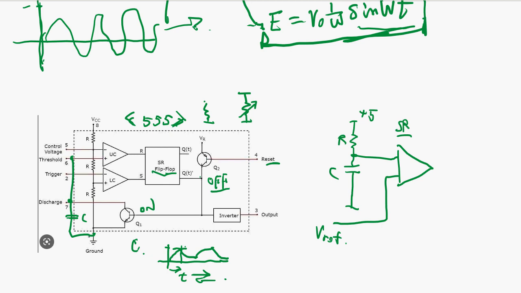When the voltage goes up and exceeds this V reference, the output voltage flips.